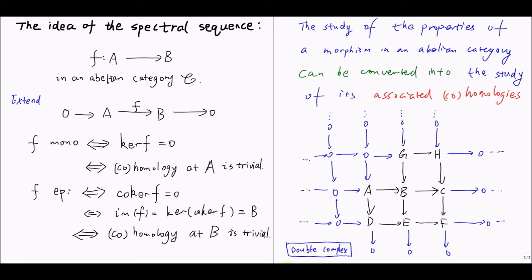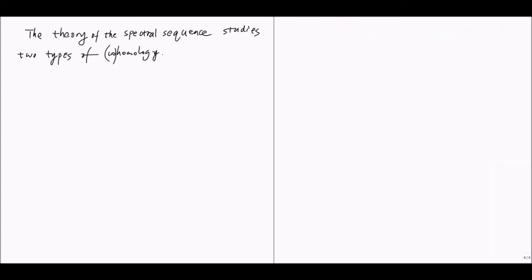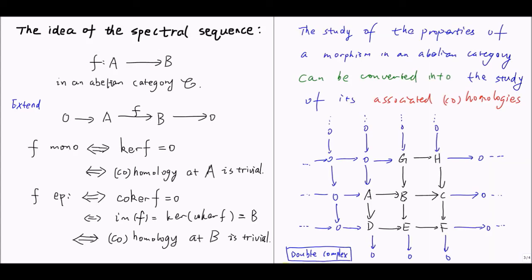In the theory of spectral sequence, we will mainly study two types of homology or cohomology of this double complex. The first type is the cohomology or homology along each row or each column.